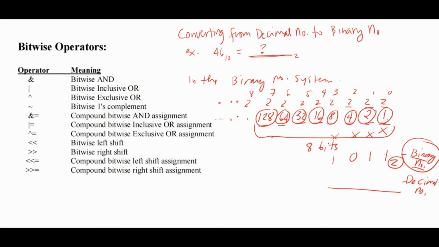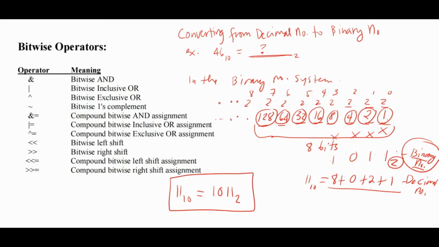So this would be 8 times 1 is 8, plus 0 times 4, that's 0, plus 1 times 2, that's 2, plus 1 times 1, that's 1. The sum of that is 8, 9, 10, 11. So 11 base 10 is equal to 1011 in binary.